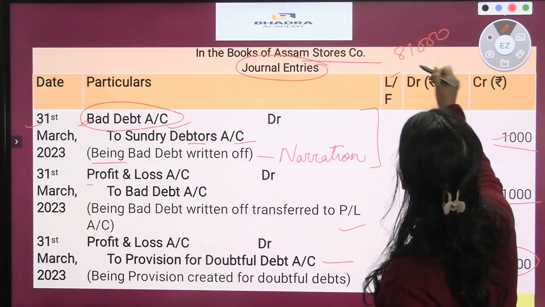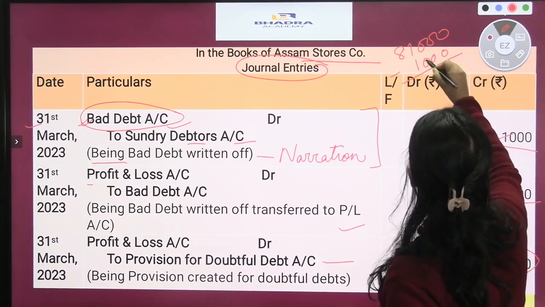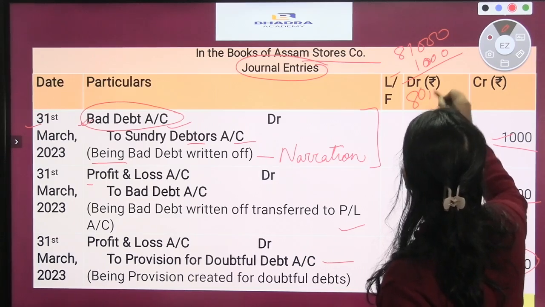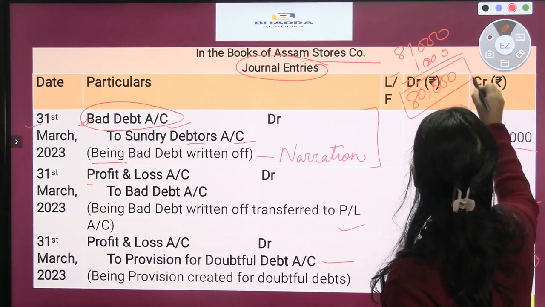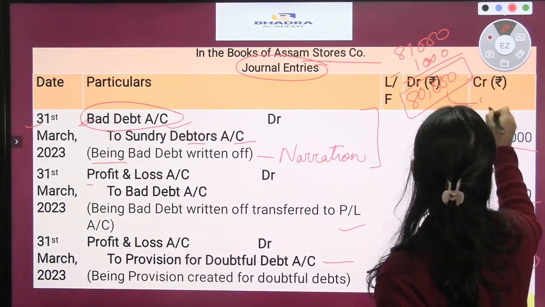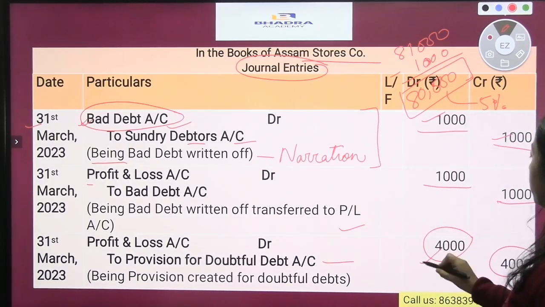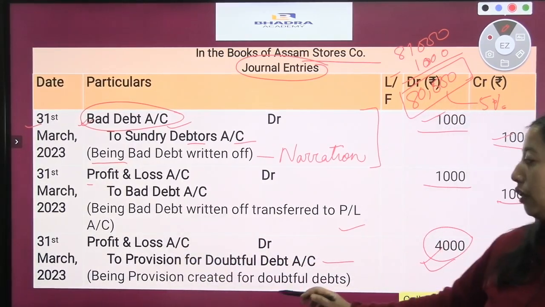From there we have written off bad debt of rupees 1,000, so we are left with 80,000 rupees, and the rate of the provision was 5%, so 5% of this 80,000 becomes rupees 4,000. This is how we have calculated the provision for doubtful debt.